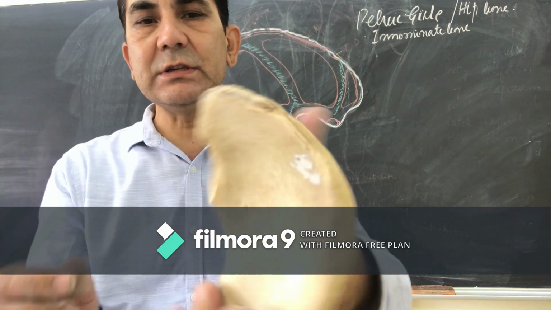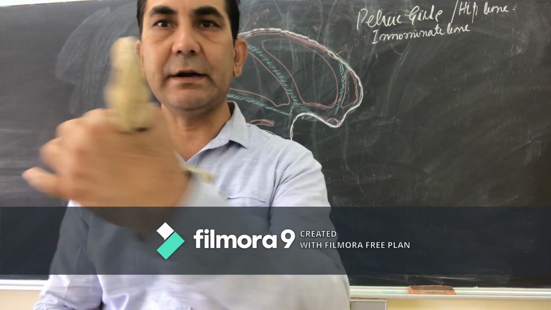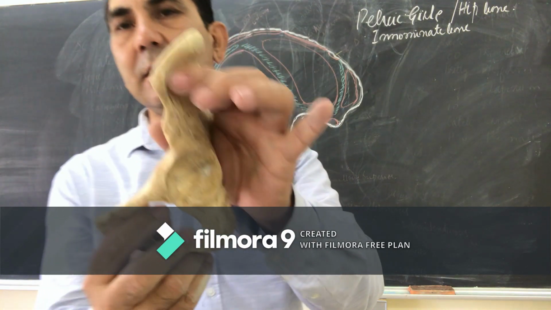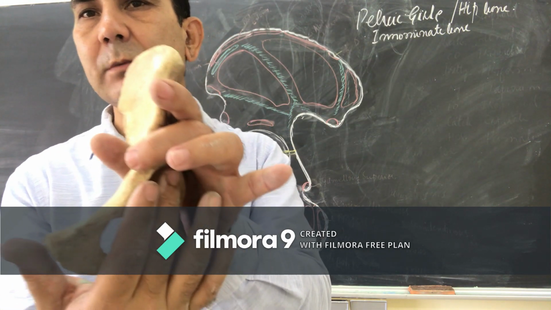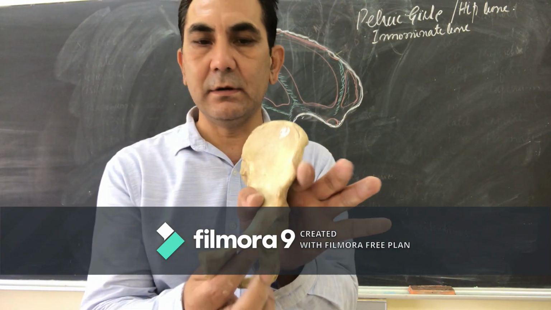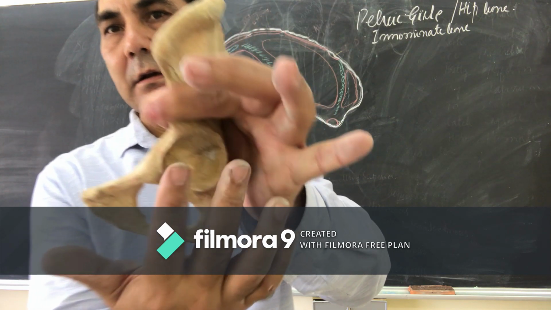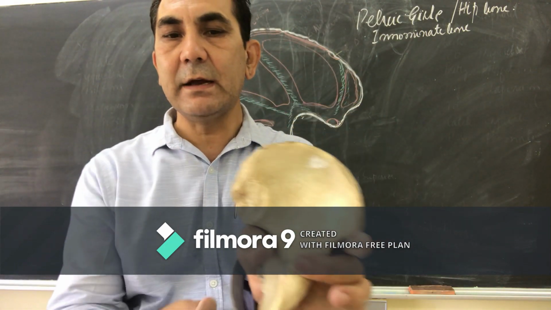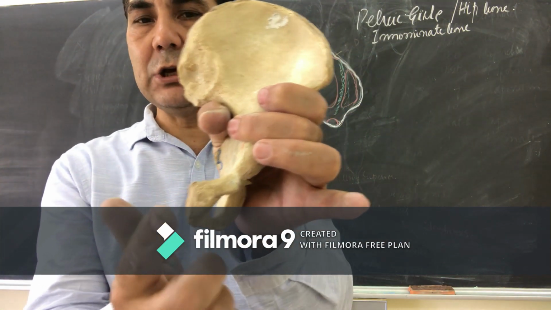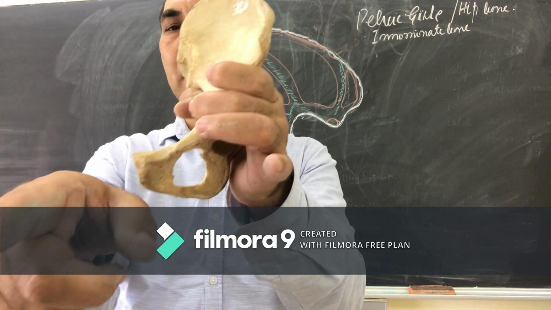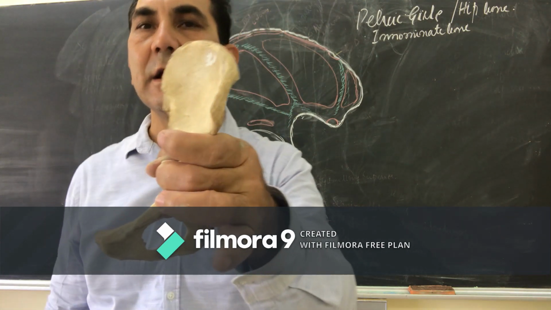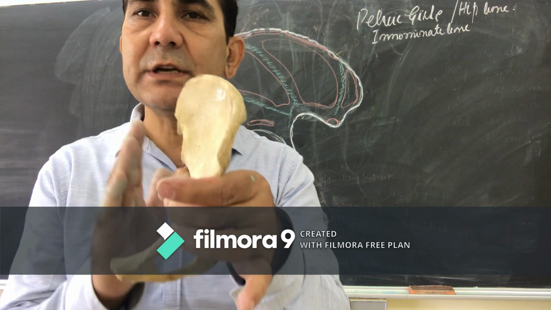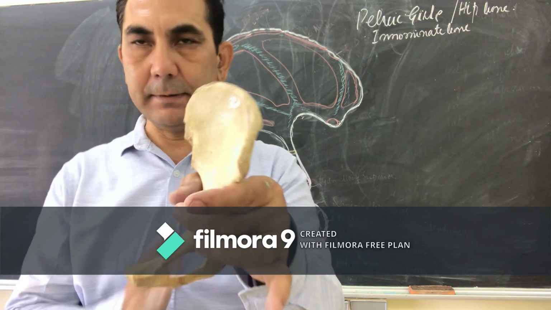The sciatic notch always stays on the posterior side, and the acetabulum cavity stays on the lateral side, with the pubis on the anterior side. Then you can identify whether this bone belongs to the right or the left side. So this bone belongs to the left lower limb.